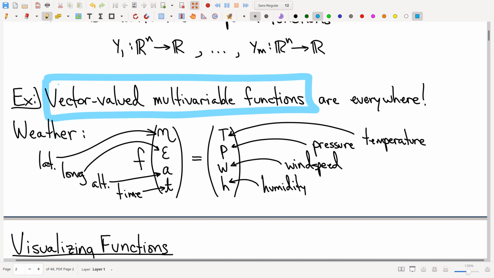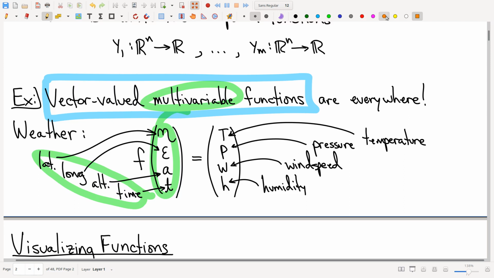In fact, in idle chit-chat and talking about the weather, right, completely trite and trivial conversation, you are talking about a vector-valued multivariable function because, well, it's multivariable because there's various contributors to talking about weather. If you're going to talk about the weather, well, where? Longitude, latitude. Are you in an airplane at 30,000 feet or are you on the ground at 300 feet? By the way, are we talking about weather now or are we talking about the weather last week? Right? So 4 different variables, just so we can know what weather we're talking about.